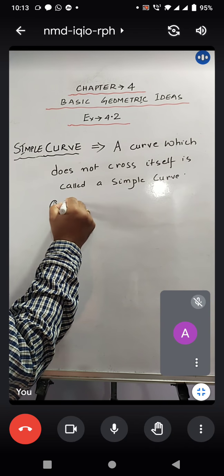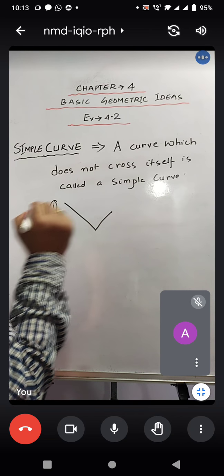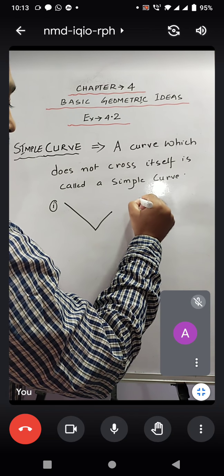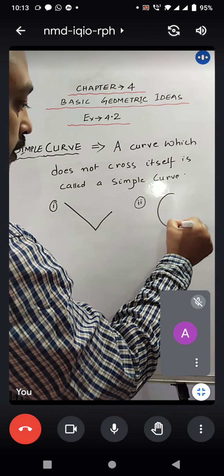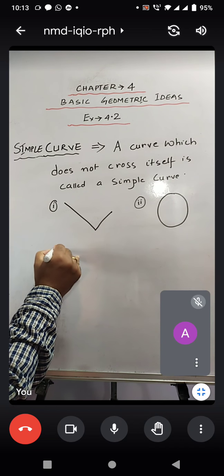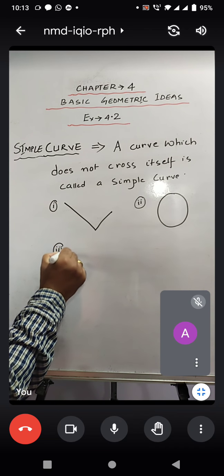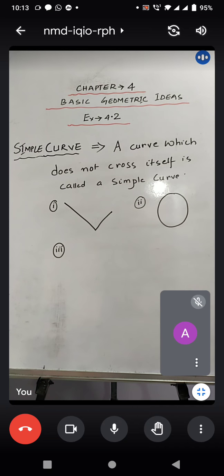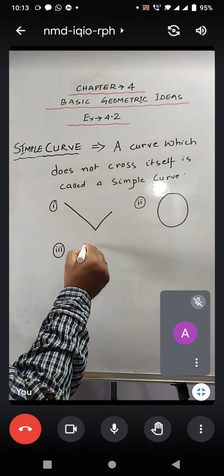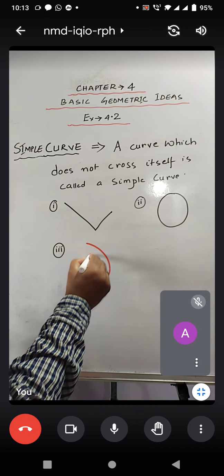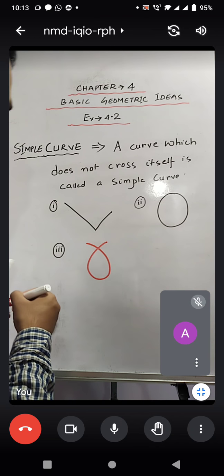Suppose number 1, this is one figure. Number 2, suppose this is another figure. Number 3, I would like to draw with another pen, suppose like this.